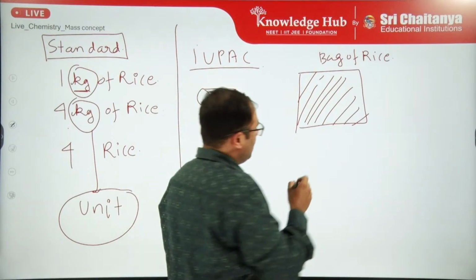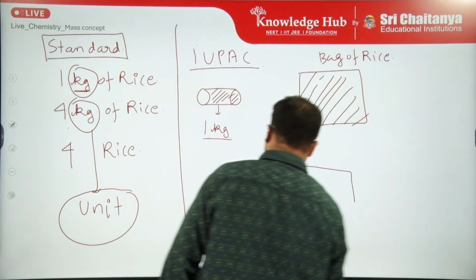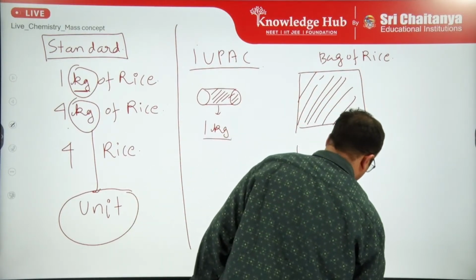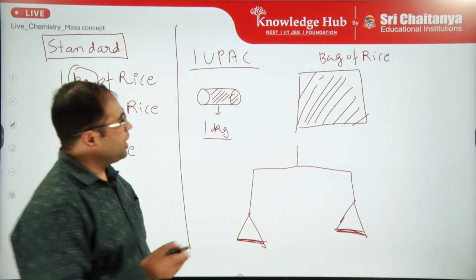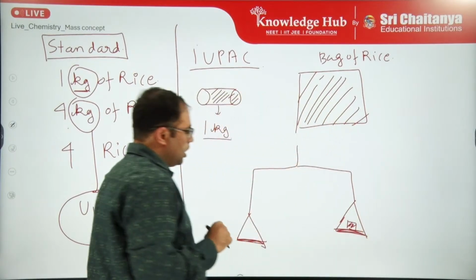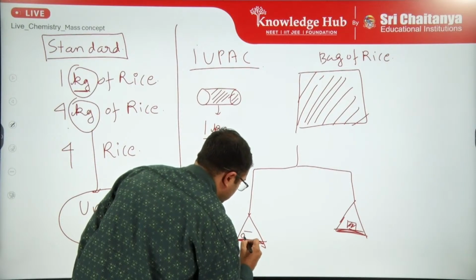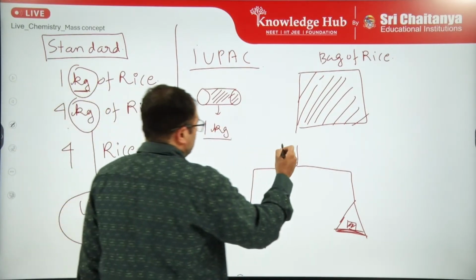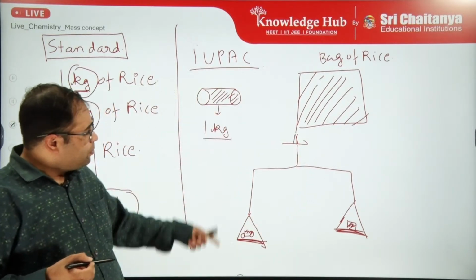I will take a weighing balance, right? On one side of this weighing balance, I will keep this rice bag, and on the other side, I'll keep this cylinder. So I will keep on adding cylinder.